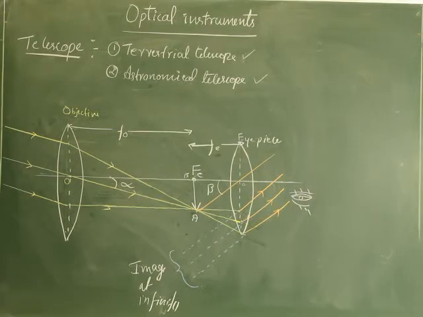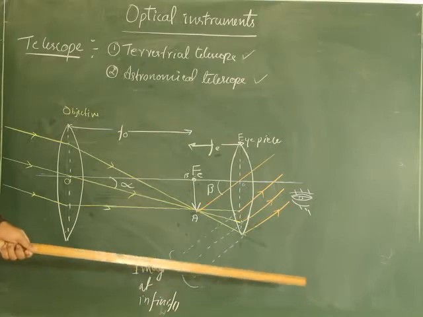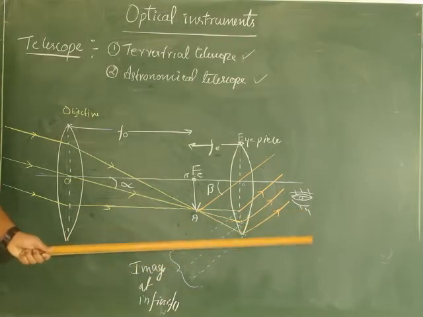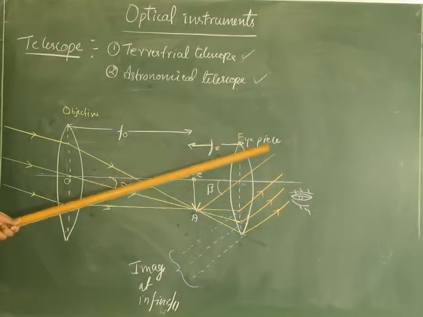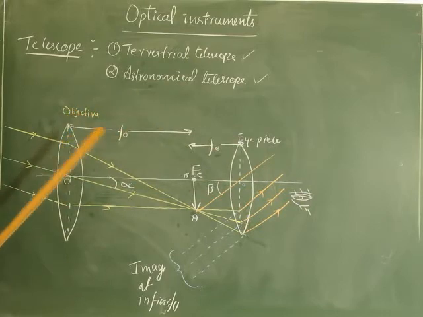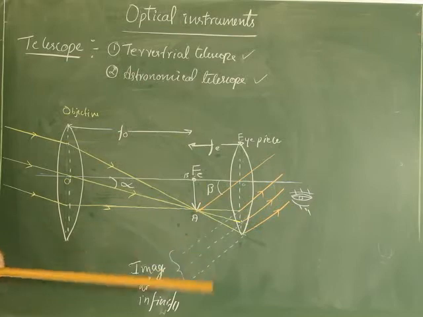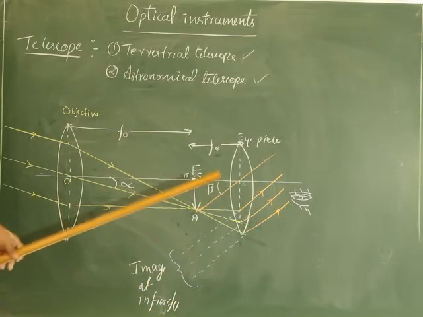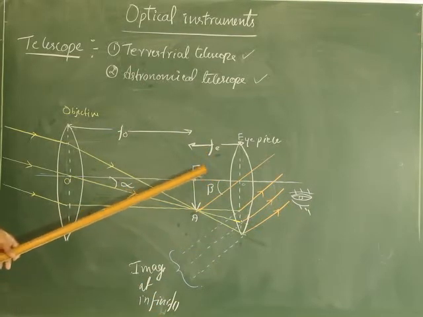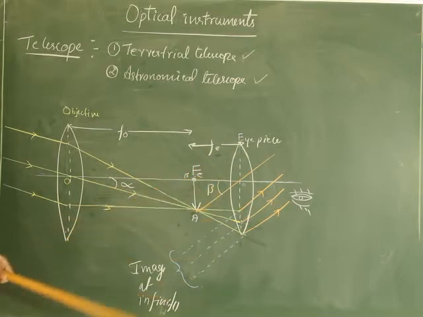Okay, so that is the thing which we have to understand from this. You can see here, the person has to view from this particular point. This is the eyepiece, this is the objective. This is the image which is formed because of the rays coming from the infinitely faraway place. And of course the objective is there, right?